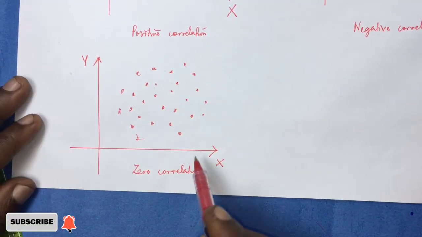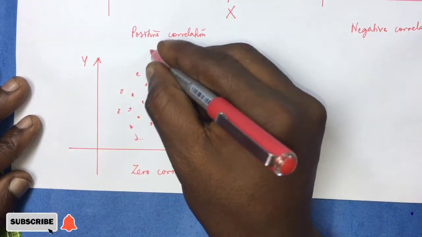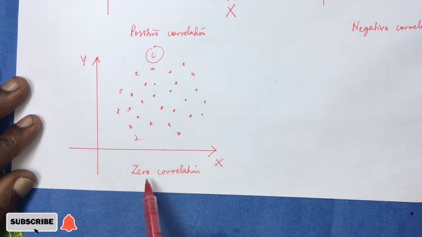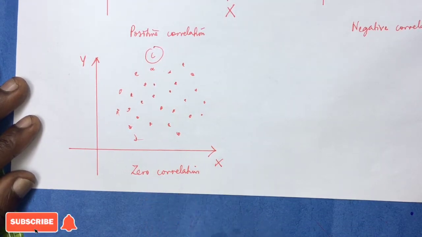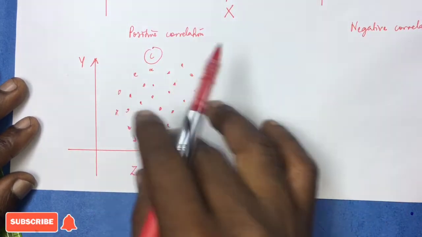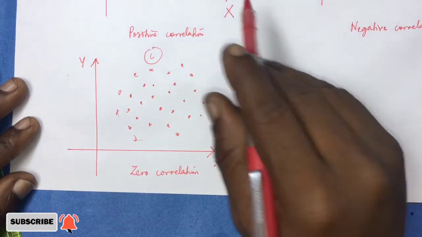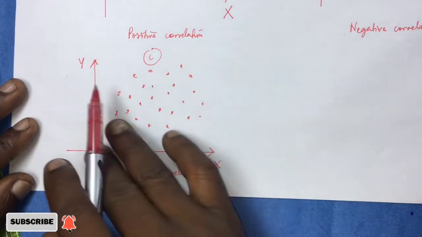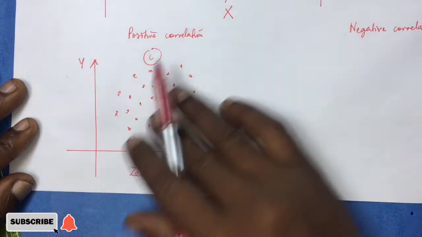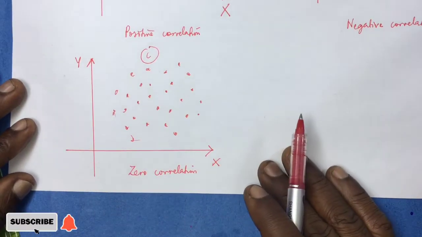Let's call this case C. This can be described as a zero correlation case, because it shows us that there is no correlation between x and y, since there is no clear direction showing that y increases when x increases, or y increases and causes a decrease in x.